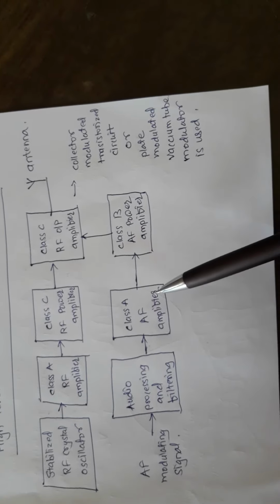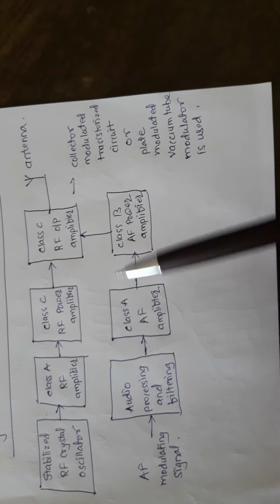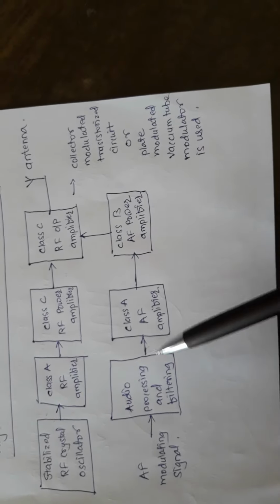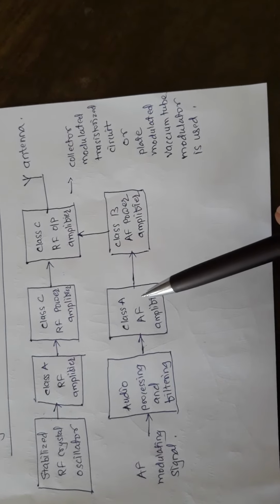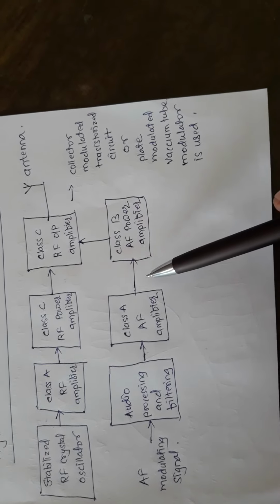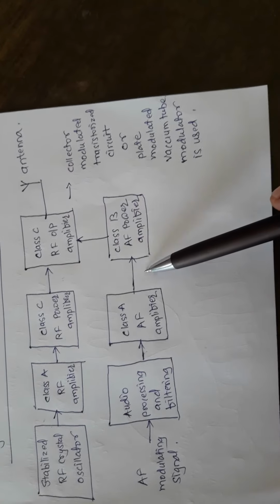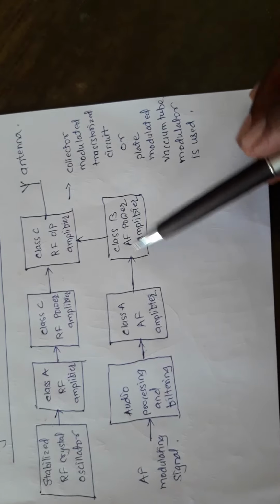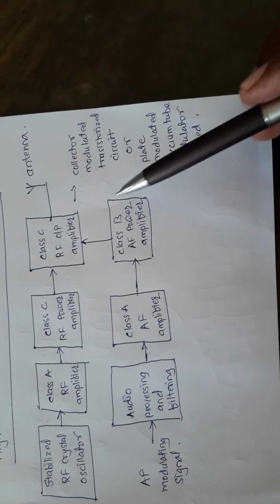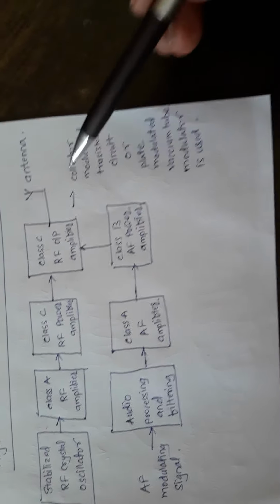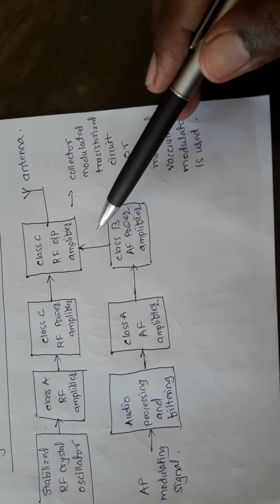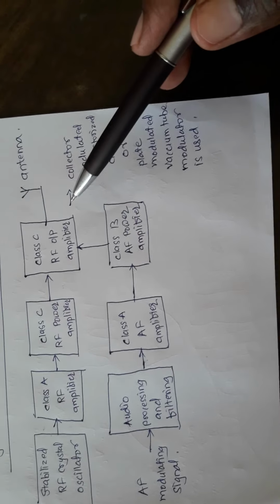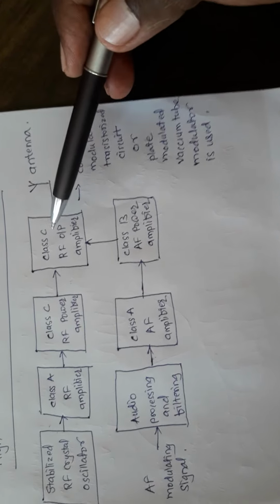In the class A AF amplifier the voltage level of the modulating signal gets increased. This amplified signal is then given to the class B AF amplifier, which generates the necessary high level modulating signal needed for the modulation process.